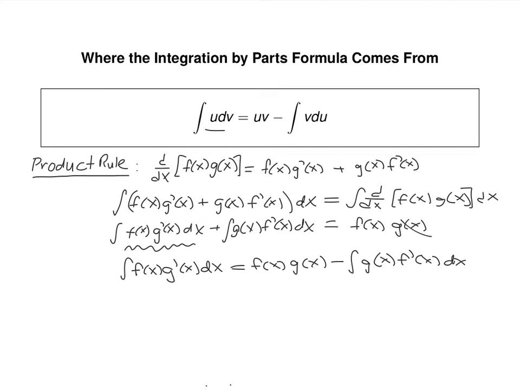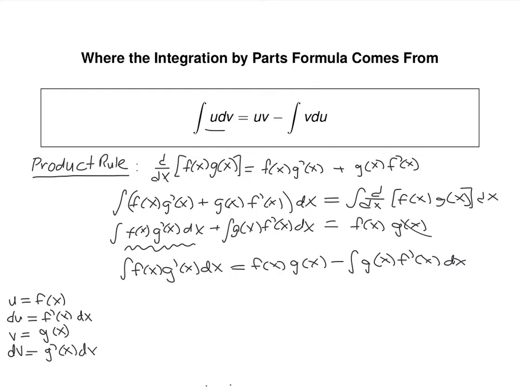And to make it look just like the formula that you have above, we let u equal f of x. So the derivative, du, is f prime of x dx, and similarly v is equal to g of x, and dv is g prime of x dx.